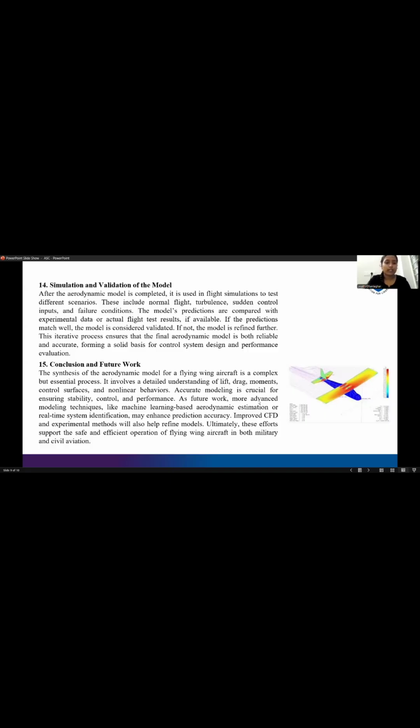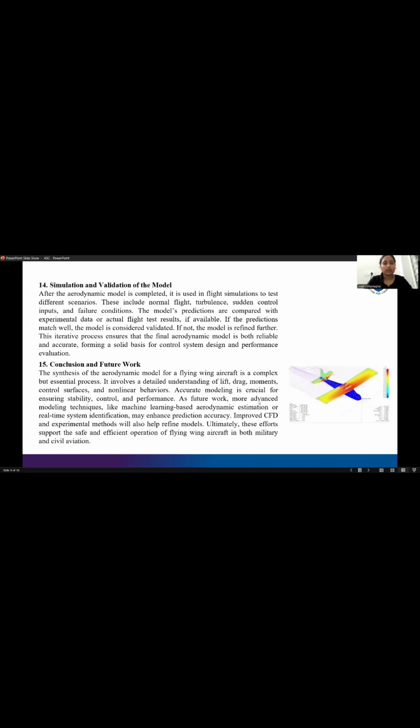Conclusion and future work. The synthesis of the aerodynamic model for a flying wing aircraft is a complex but essential process. It involves a detailed understanding of lift, drag, moment, control surfaces, and nonlinear behavior. Accurate modeling is crucial for ensuring stability, control, and performance.